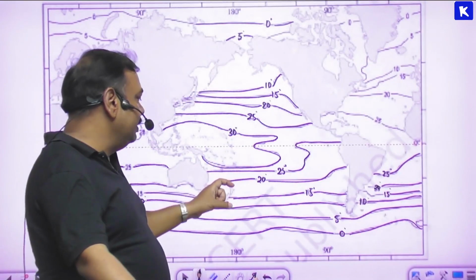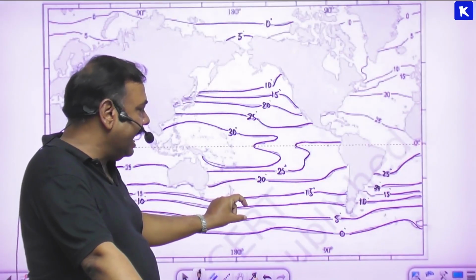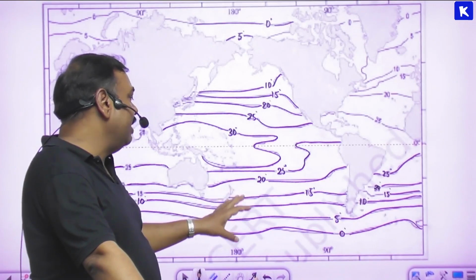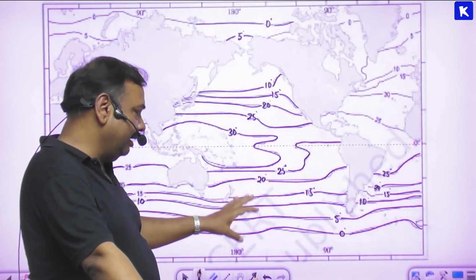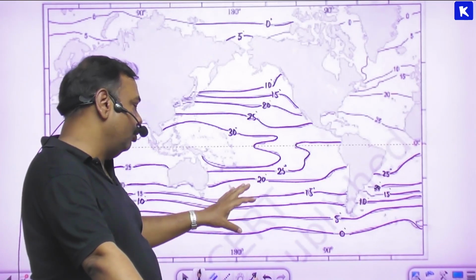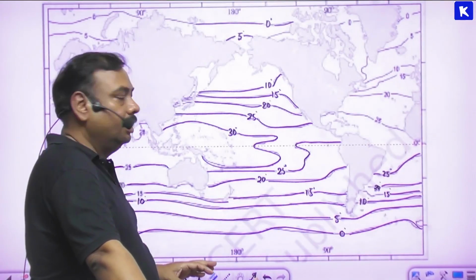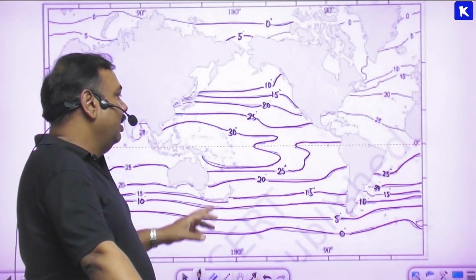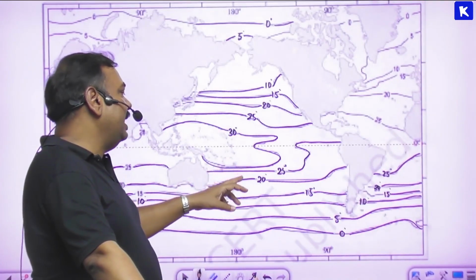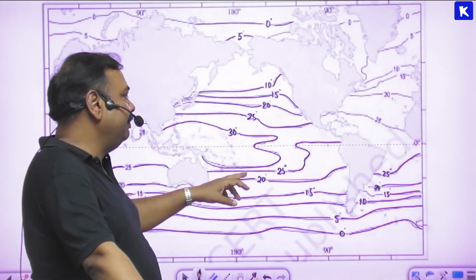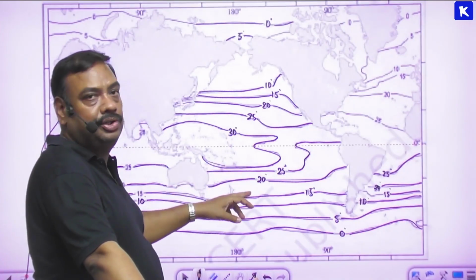In the southern hemisphere, you can see a regular gap between the isotherms. In which region can you find it? The region wherever the ocean water is not in much contact with the land part. Wherever it is in contact with the land part, the difference between the isotherms is not much.